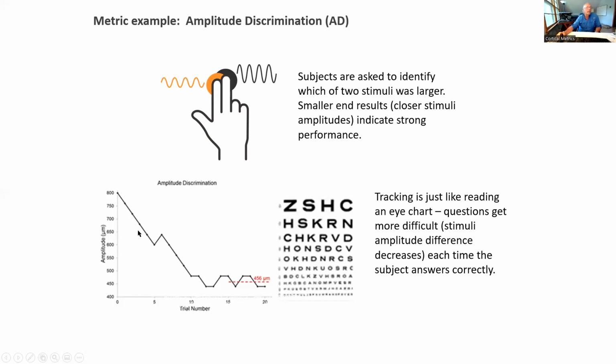So that difference gets smaller and smaller and smaller. The final difference that you see over here, between this number and that number, is the final difference limen.